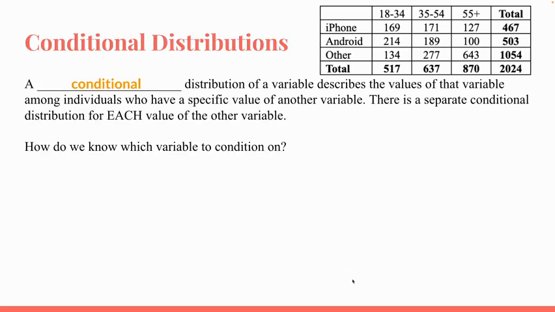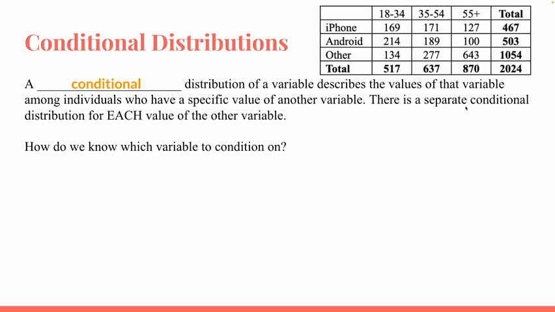All right, let's look at conditional distributions. A conditional distribution of a variable describes the values of the variable among individuals who have a specific value of another variable. So conditional. So we're talking about the age and the type of phone. So see how it says a specific value of another variable?